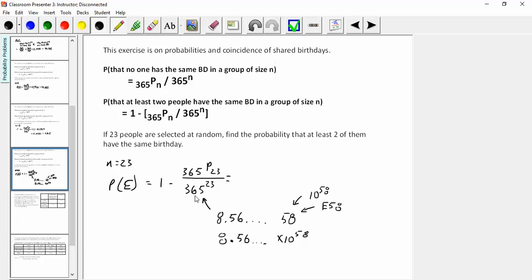All right, so 365 P23. Where's my answer? I get 1 minus 0.4927, which equals 0.5073.